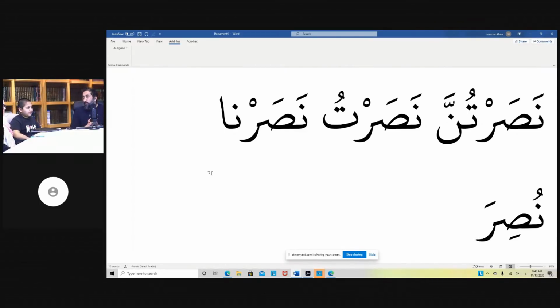Nusira. Nusira means he was helped. The way we do the rest of the chart is the same as we did before, except we make sure that the first part doesn't sound like nasa, it sounds like nusi. That's all. Okay, so huwa nusira, huma nusira, hum nusiru.